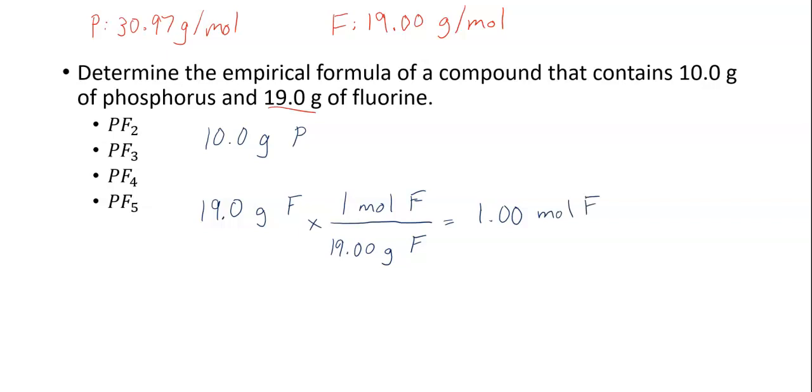Okay. Now, however, the phosphorus one is not as clean. So when I look at this, well, I don't really know what 10 divided by 30.97 is. So what you can do is you can estimate in most cases, as long as it's not like a massive estimation.